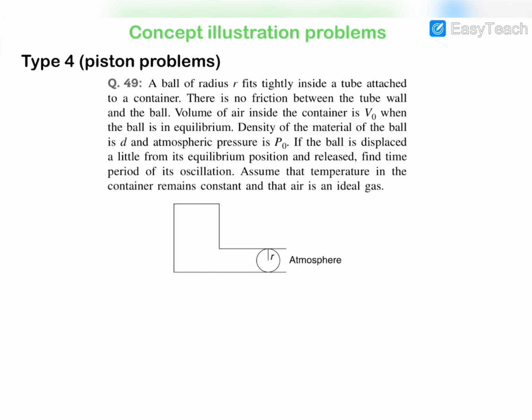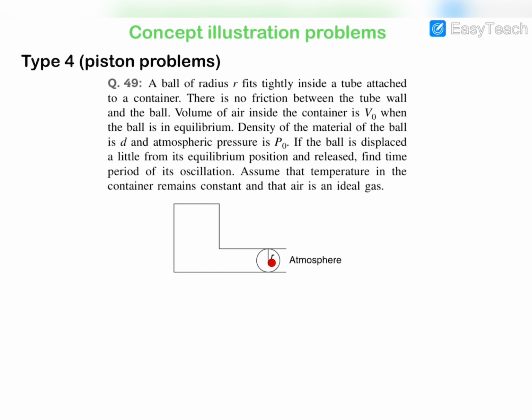In this problem you can see that there is a ball of radius R that is tightly fitted inside a tube that is attached to a container. This container contains air of volume V0, and there is no friction between the walls of the tube and the ball. The radius of the ball is R, and the density of the material of the ball is D. The atmospheric pressure outside the vessel is P0.